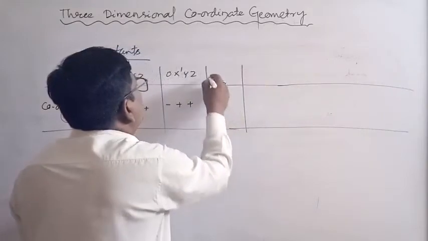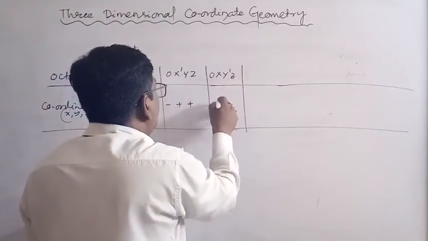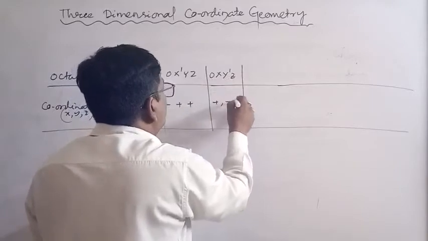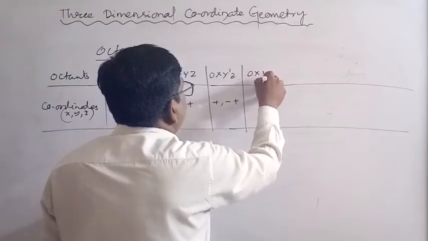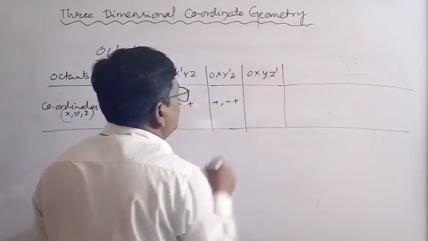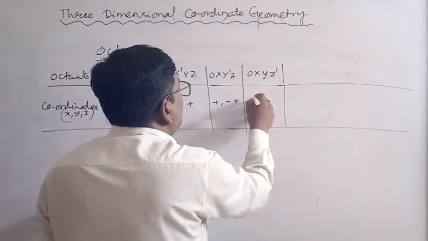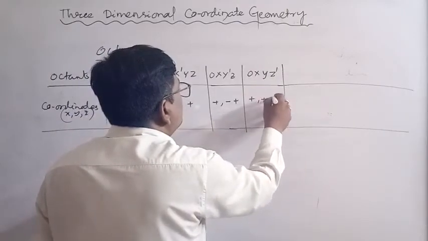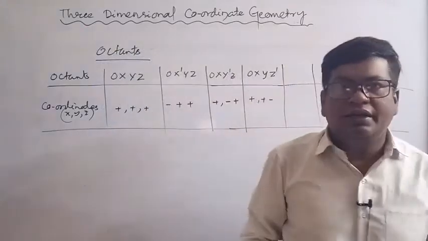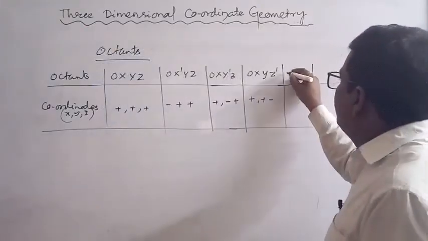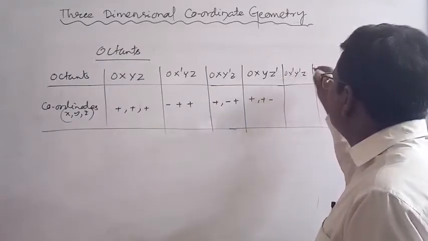Now O x y' z: plus, minus, plus. Then O x y z': this is equal to plus, plus, minus. And O x' y' z: that is minus, minus, plus.